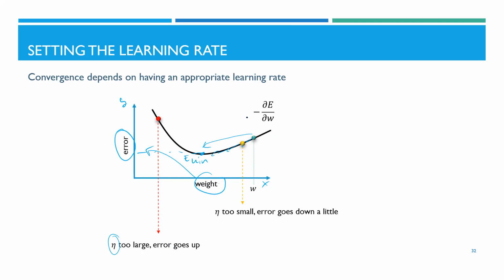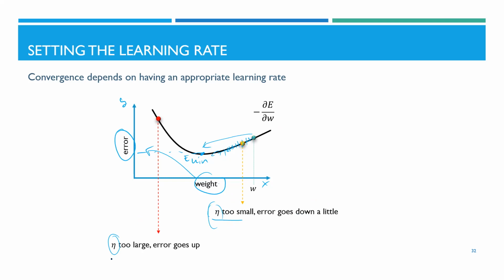Now if we set the learning rate too small, then our steps to get the optimal weight will be very slow, because the step size is very small. The error goes down only a little bit, which means we may need more iterations.